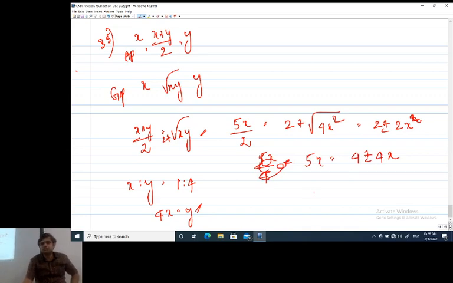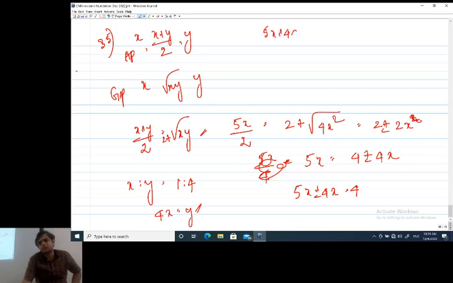Bring the x terms to one side. 5x plus or minus 4x equal to 4. So you have two equations: 5x plus 4x equal to 4, and 5x minus 4x equal to 4. I am doing both the equations.